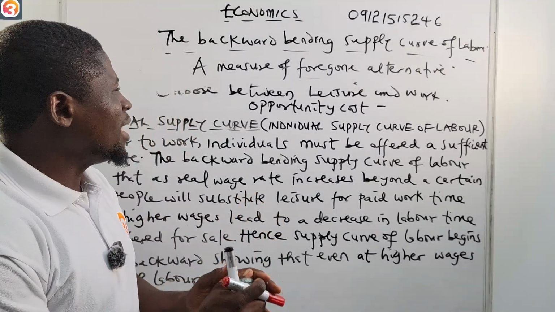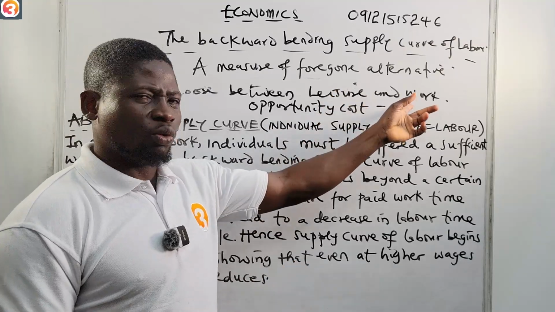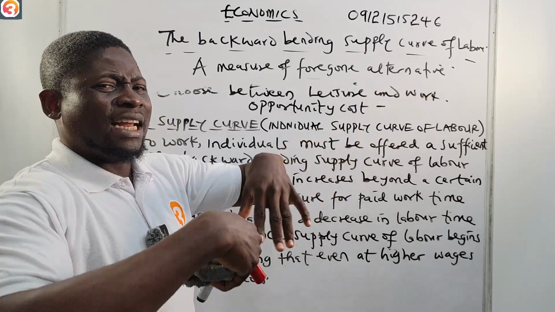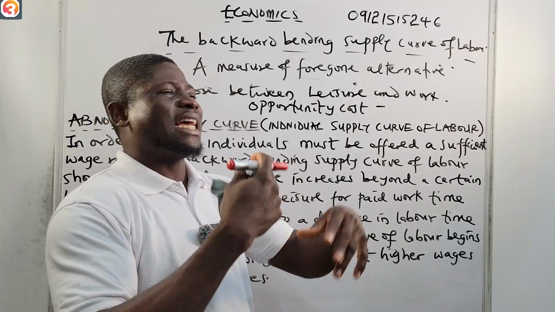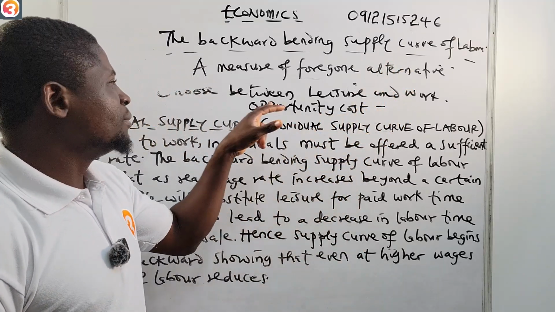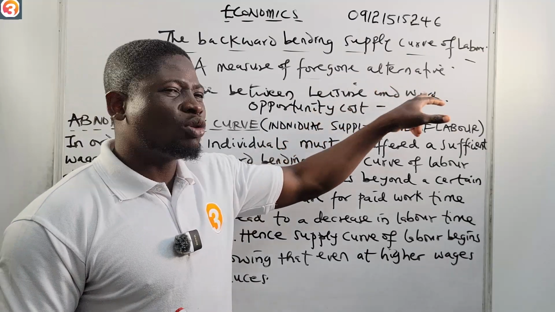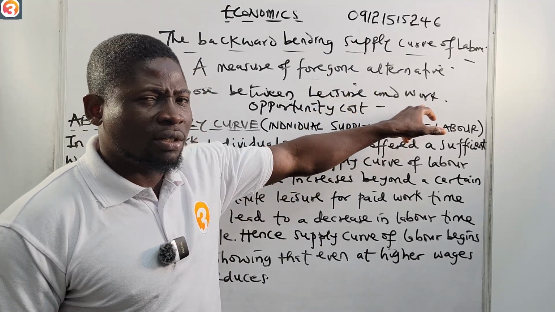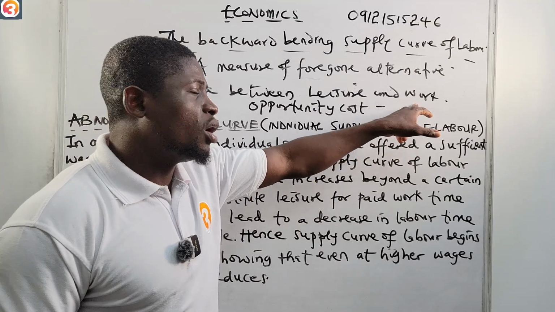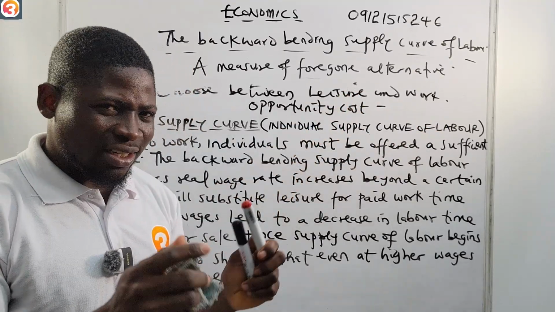So individuals have a choice to either enjoy or work, spending their time on leisure or on work, and the choice of one is the opportunity cost of the other. That means if you choose leisure, the alternative you have forgone is work. If you choose work, the alternative you have forgone is leisure.